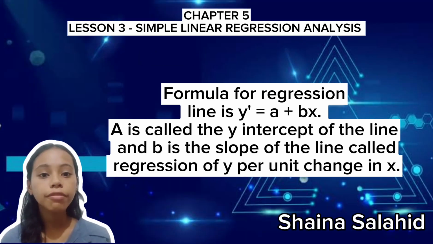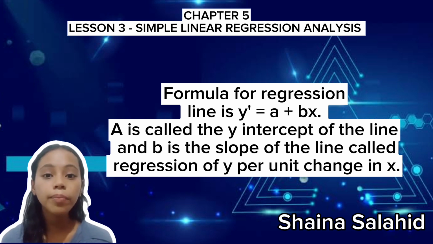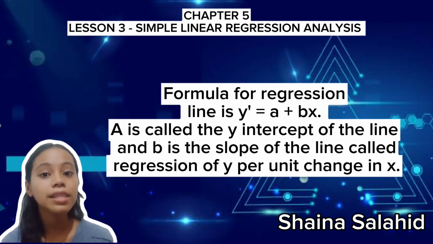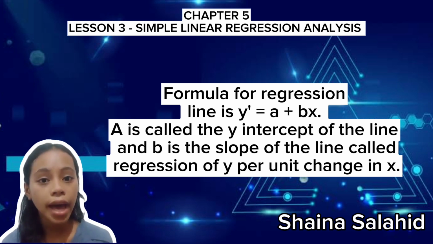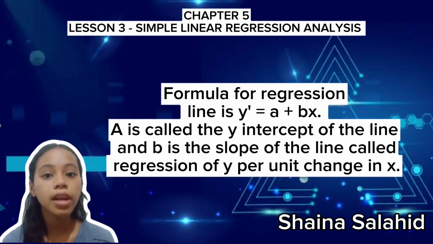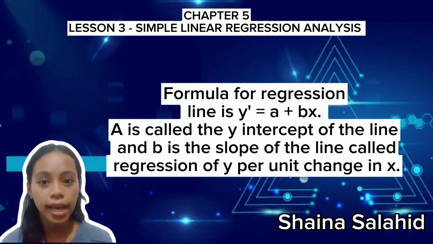So the formula for the regression line is y prime equals a plus bx. A is called the y-intercept of the line and b is the slope of the line, called the regression of y per unit change in x. The line that describes the statistical relationship between x and y is called the regression line.